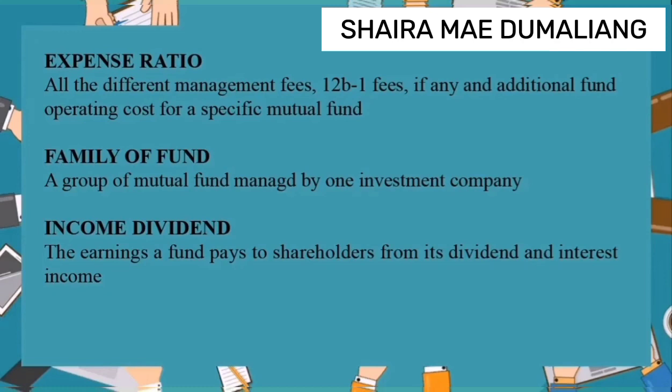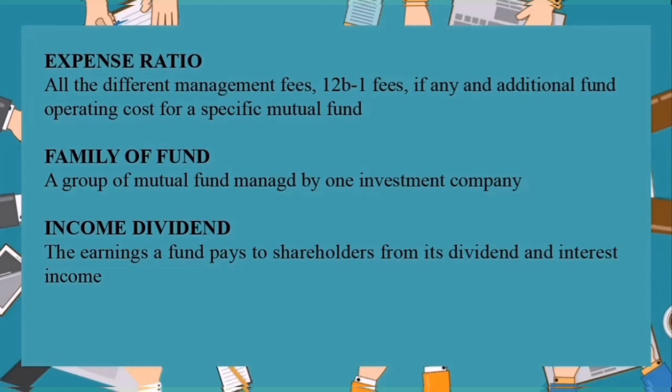Family of funds, so these are the examples. First is ensuring the continuity of the family business. Second, flexibility in classifying income and distributions to individual needs. Last, providing easier access to liquidity and leverage.